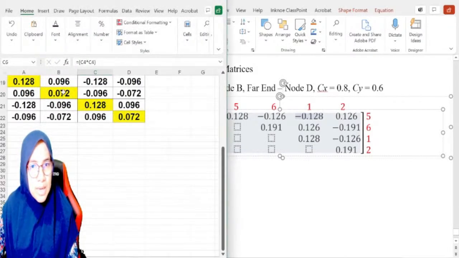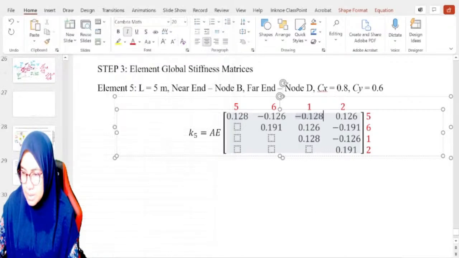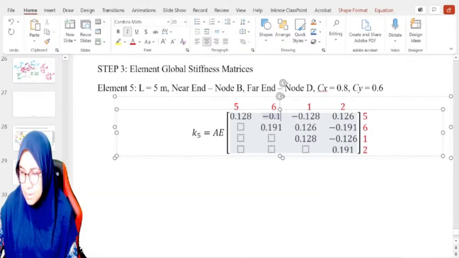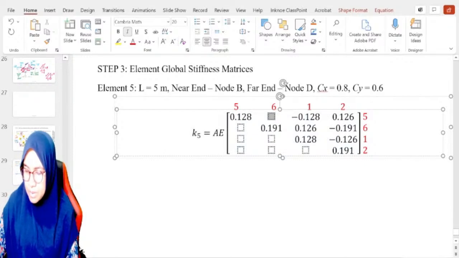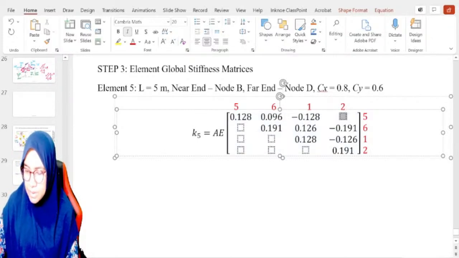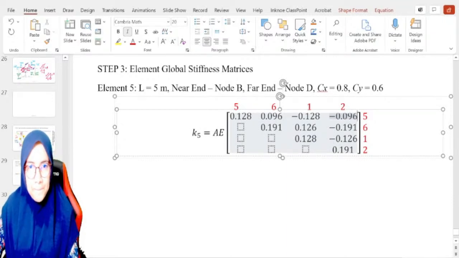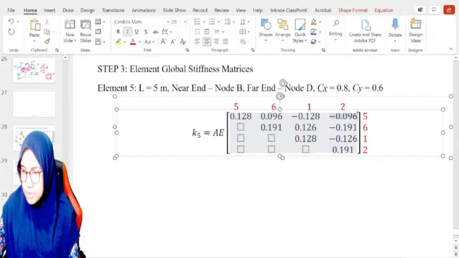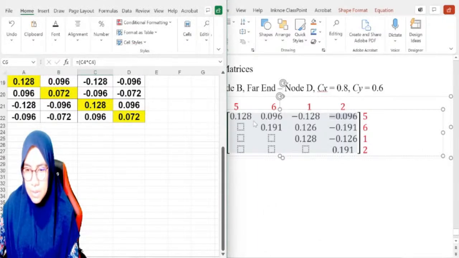Okay, 0.128, 0.096, negative 0.128, negative 0.096.